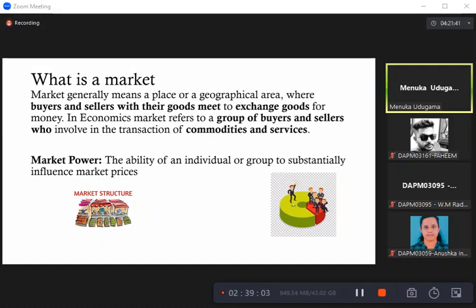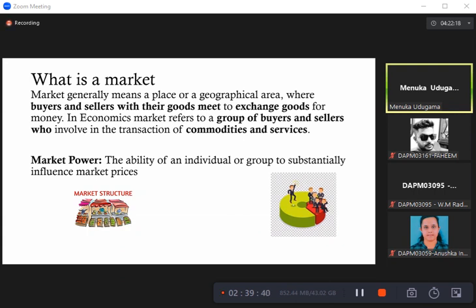So that's a market. When it comes to market power, the ability of an individual or a group to substantially influence market price, the market structure they are in will determine their market power, right? For example, if you look at the different types of markets or industries, some markets have just one seller, some markets have so many sellers. So if you are in a market with thousands of sellers, even more than that, your market power is quite low.